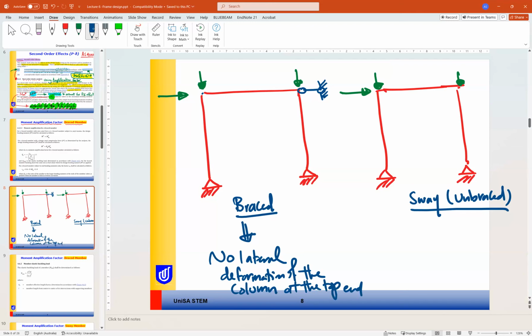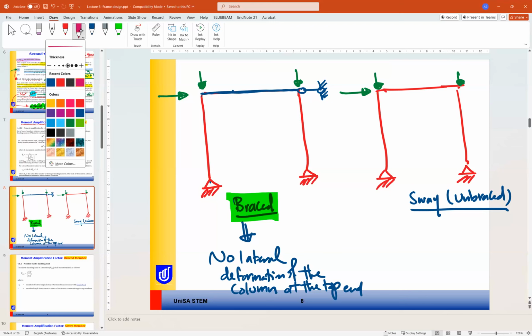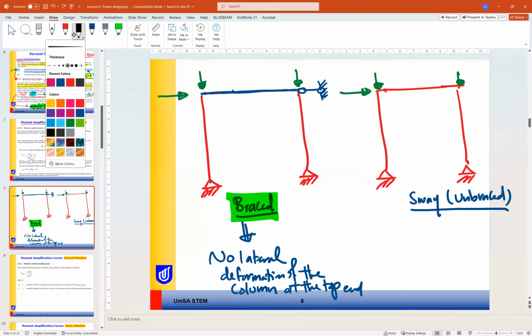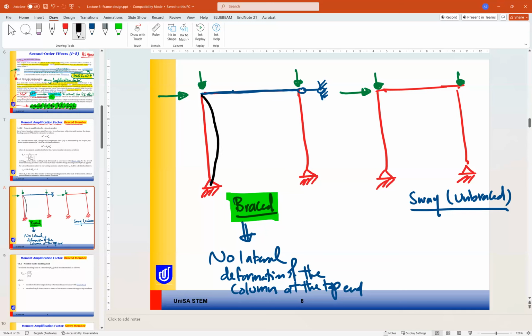We prevent the movement of the beam or the rafter, so the column will not be able to sway. In this case, we call the column braced. So the column will only be allowed one deformation, which is, for example, buckling like this. So the column can only buckle, but no sway. So this here is delta small, or buckling.